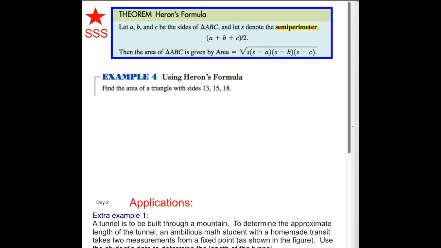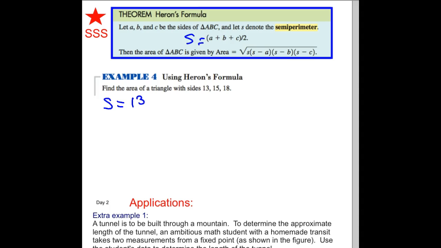Okay. So S is going to be the sum of all three sides divided by 2. Okay. So let's try that on this example 4. What is my semi-perimeter? I need 13 plus 15 plus 18, all divided by 2. What do we get? Okay, so my semi-perimeter is 23.